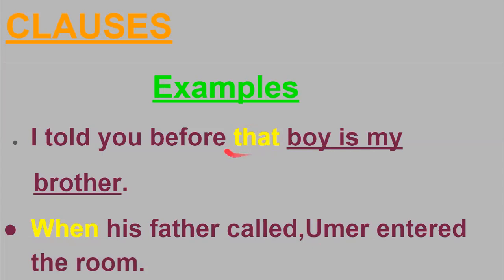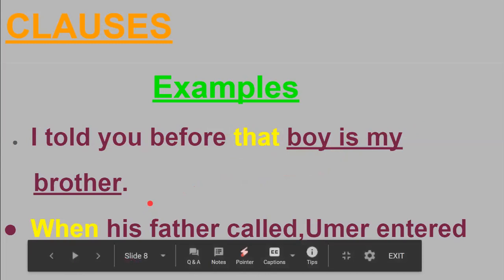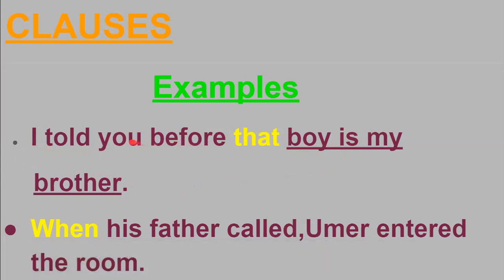That conjunction is joining the independent clause at the start with the dependent clause at the end of this large sentence. "That boy is my brother" is the dependent clause. And the simple clause at the start of this big sentence is the independent clause.